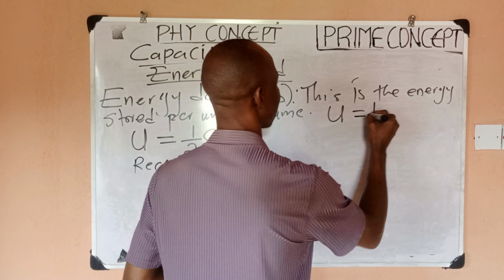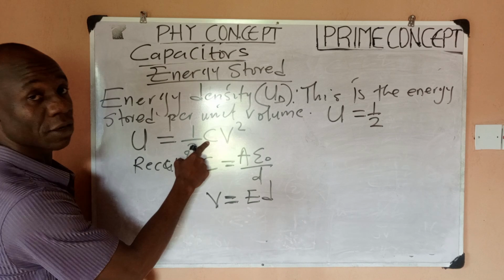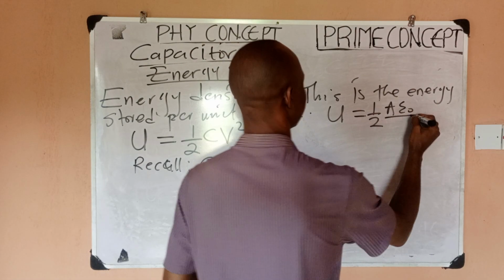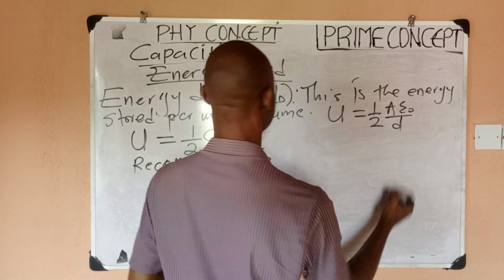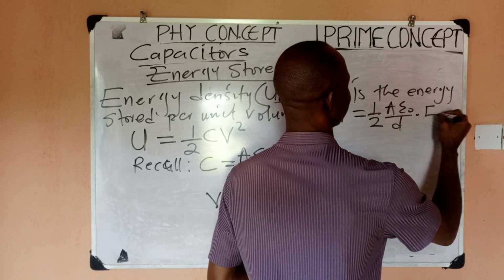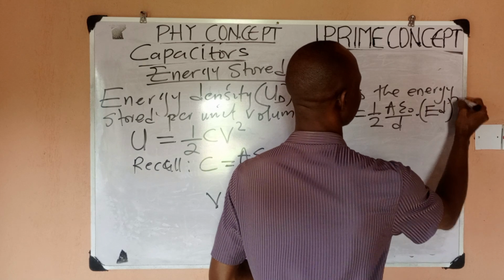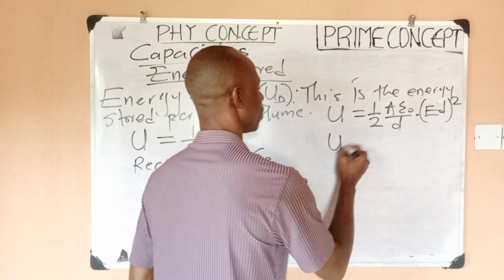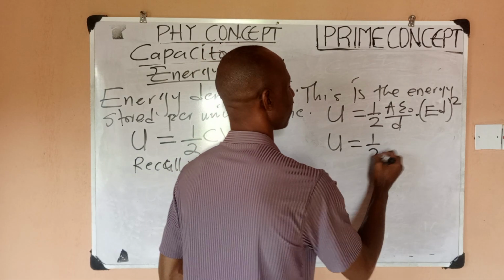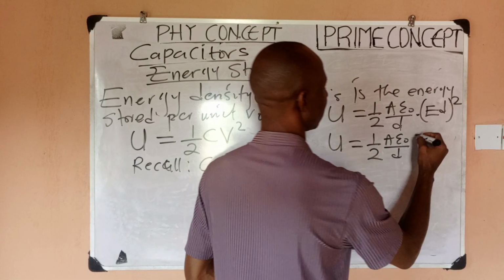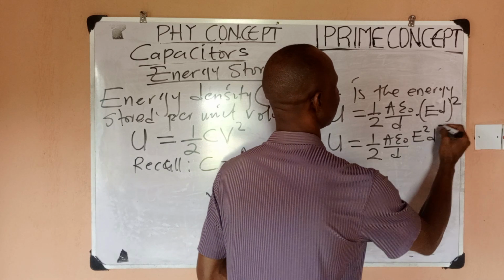So I'm going to substitute these 2 equations into my potential energy equation so that U is half. Instead of C, I would write A epsilon naught divided by d, right? Then instead of V, I would write Ed all squared. So U becomes half A epsilon naught divided by d, and I have E square d square.